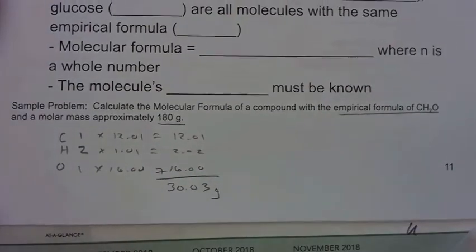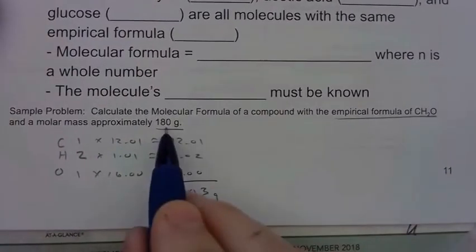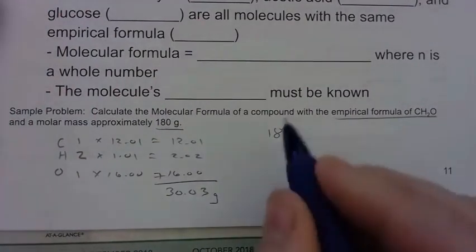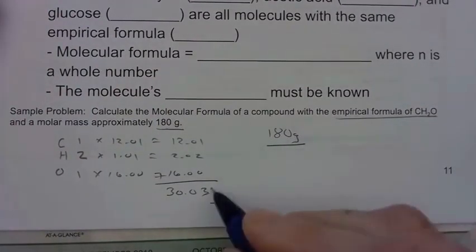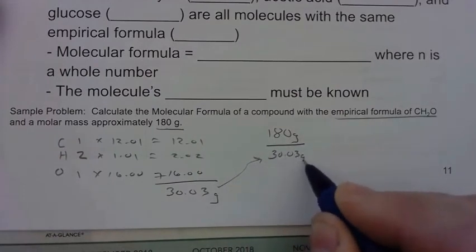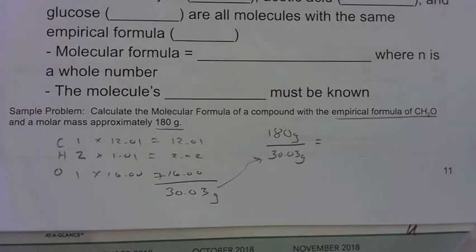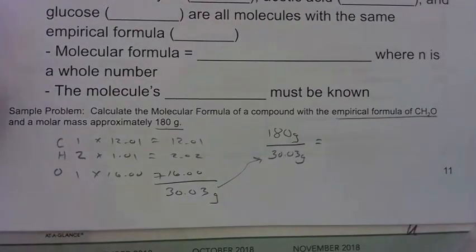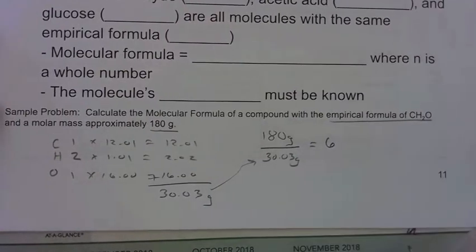Now, the next step is you take the mass of the overall compound, in this case 180 grams, and then you divide it by the molar mass of the empirical formula. When I do that and round it off to the nearest whole number, I get 6.